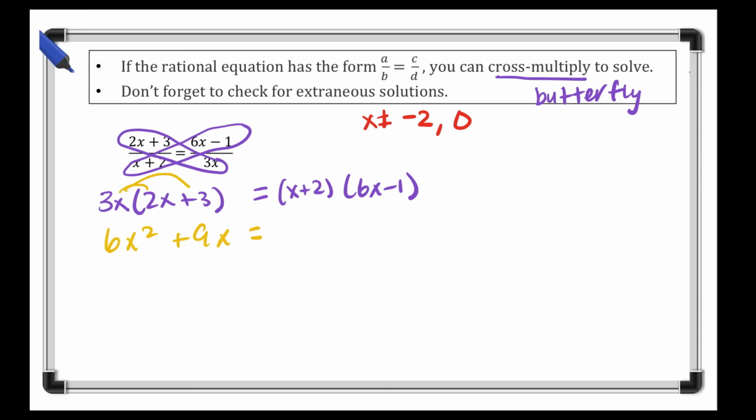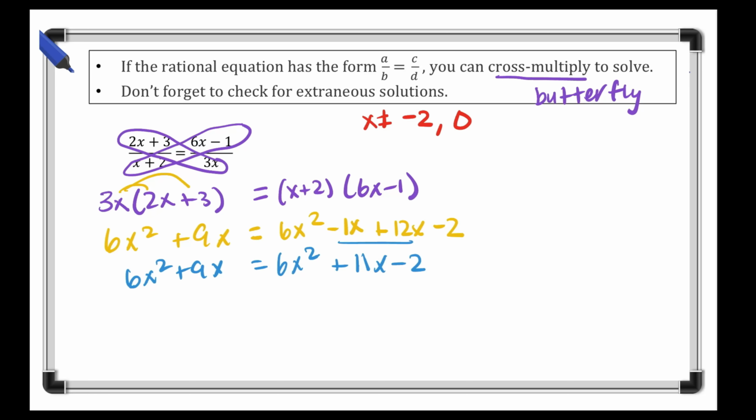You can again FOIL, or you can do the box method. You would get 6x squared minus 1x plus 12x minus 2. Let's go ahead and combine some of our like terms. We are going to have 6x squared, plus 11x minus 2.